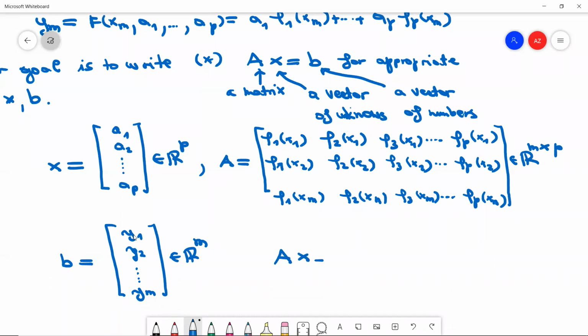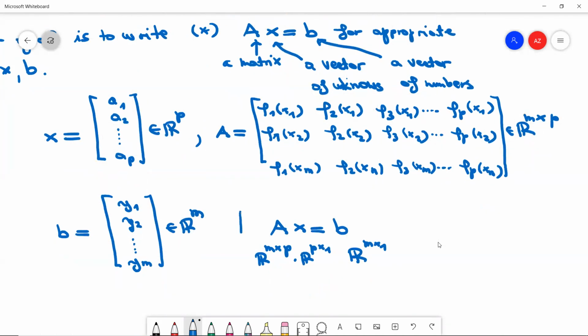So Ax = b is the system: an m times p matrix A multiplied by a p times 1 vector of unknowns, and as a result we get an m times 1 vector of knowns.